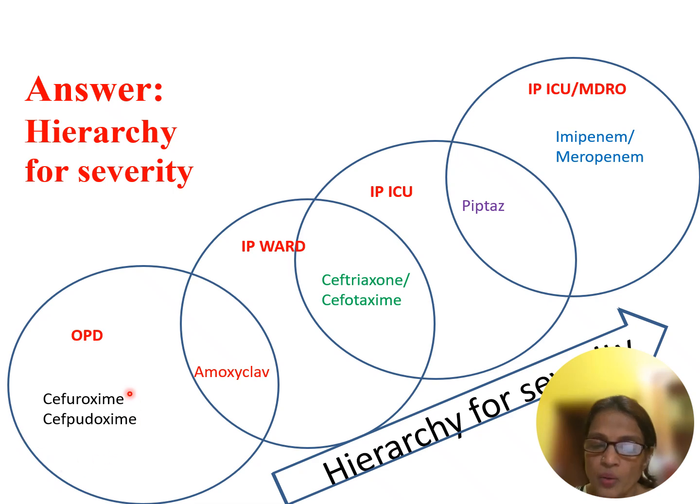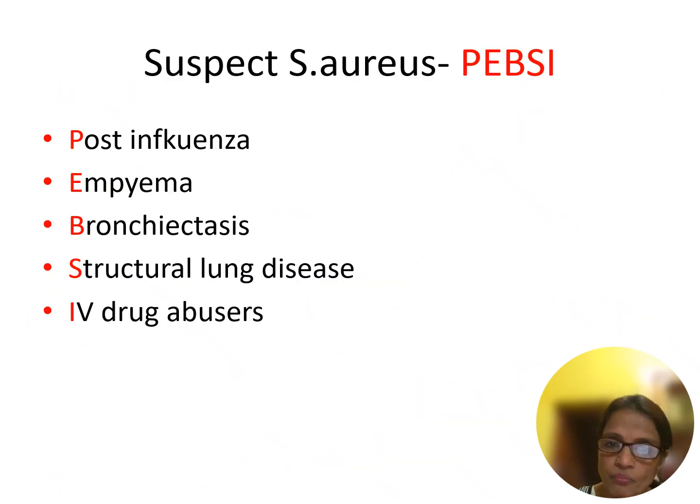So in OPD, what you need to give, and then in IP ward, what is the common antibiotic between OPD and IP ward, what are the common antibiotics between IP ward and IP ICU, and what are the common antibiotics between IP ICU and IP ICU with suspected MDRO. Like this, it will be easy for you to remember, based on the severity, what antibiotic, especially what beta-lactam antibiotic, is to be chosen for the treatment of lower respiratory tract infections.